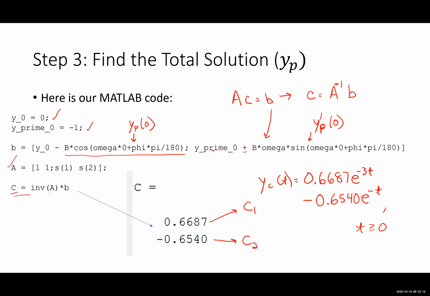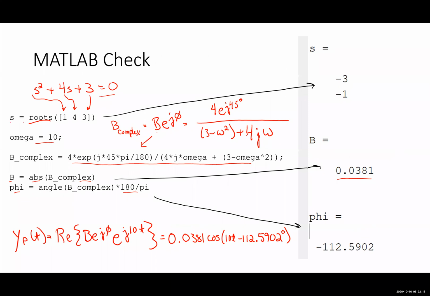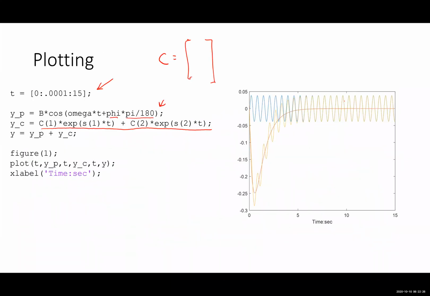And also previously in my code, I defined my S vector as the roots here. So that was a vector with 2 entries. What I did to write this, notice, is I said C of 1, the first entry in the C vector. So C of 1 is what I was calling C1. C of 2, the second entry in that vector, is what I've been calling C2.